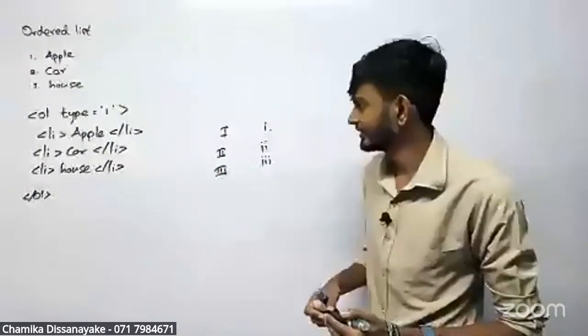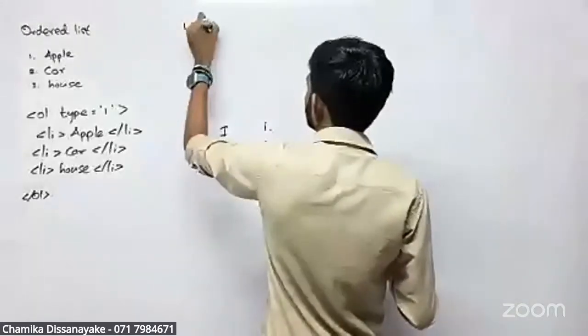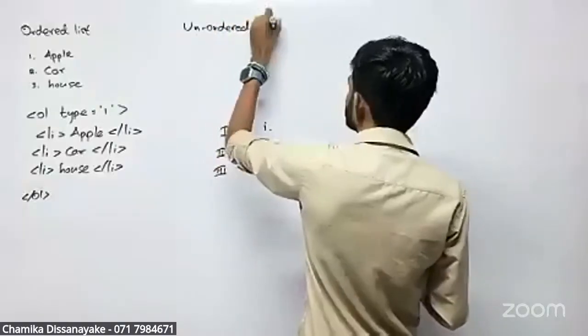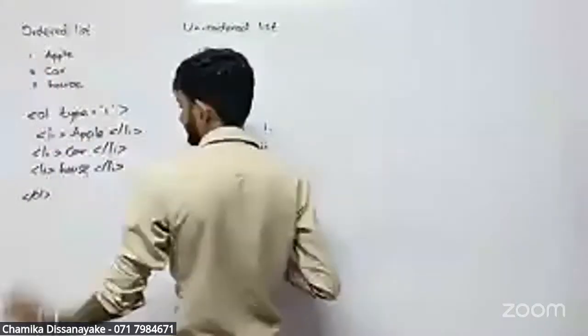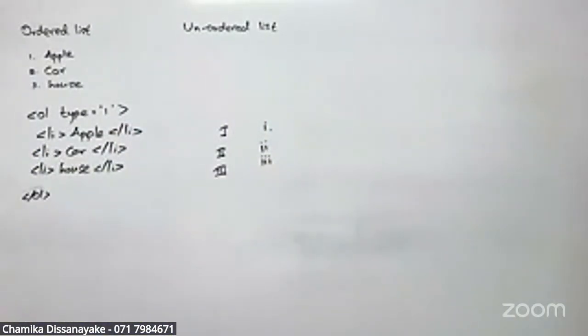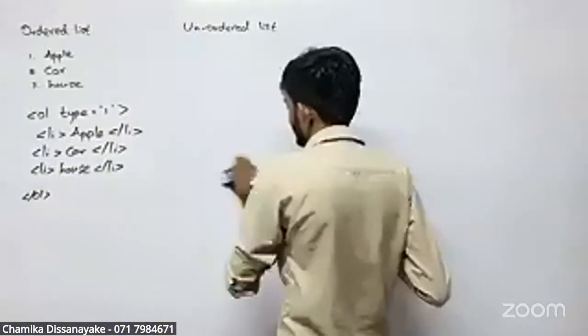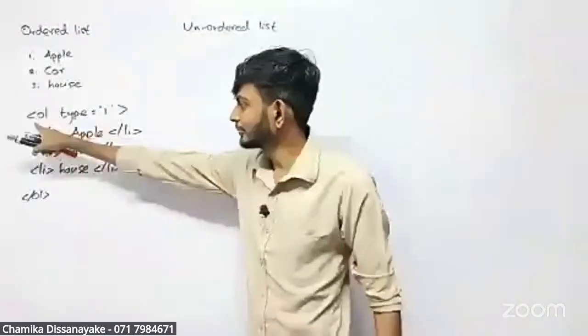Then the other one is the unordered list. Unordered list means there is no order. It is like a bullet list. In the unordered list, only one thing is different, the starting point.